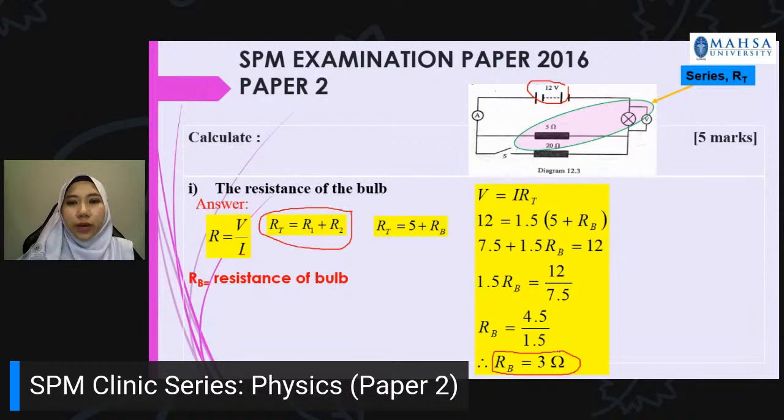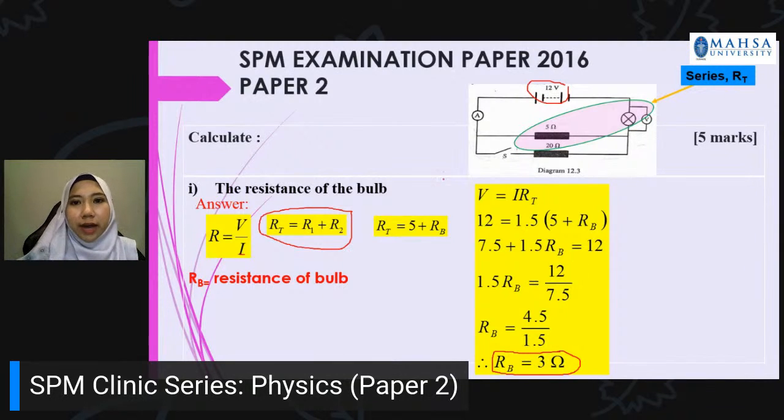You are given the value of your battery and the value of your current, and now you want to calculate the resistance of the bulb. Then you have your formula, Ohm's law, V equal to IR. R here refers to the total resistance, the effective resistance in your circuit when the switch S is off.